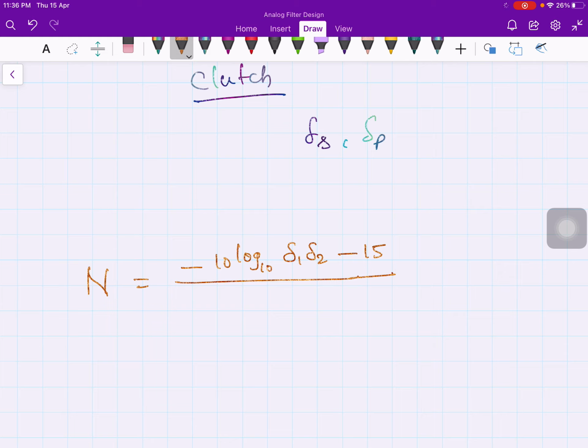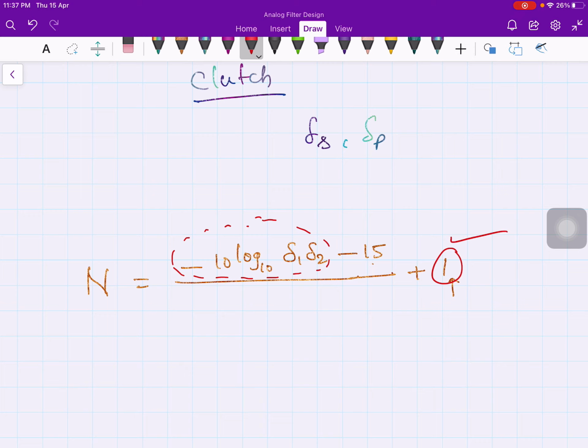So I wrote this 15 in the numerator and plus 1. This is also not very important. This one is also not very important. If this whole thing comes out as 300 or 400 or 500, then 400 plus 1 or 400 minus 1 is not a problem. So this 1 is also not a problem.